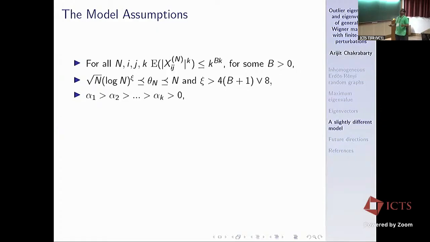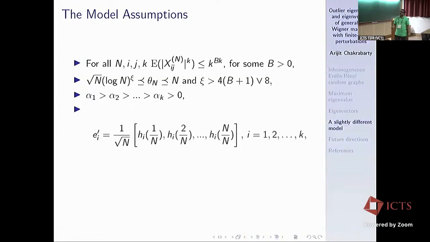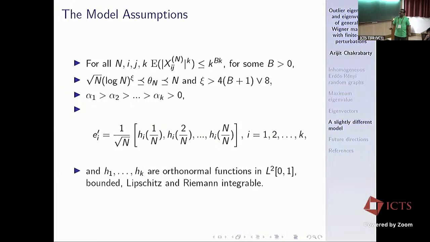And as before, alpha_1 to alpha_k are strictly ordered positive numbers. And e_i prime, I'll tell you in a second what h_i is. e_i prime is essentially you look at the h_i's and normalize them to get e_i, where h_1, h_2 and so on are orthonormal functions in L2[0,1]. And in addition, they are bounded Riemann integrable.